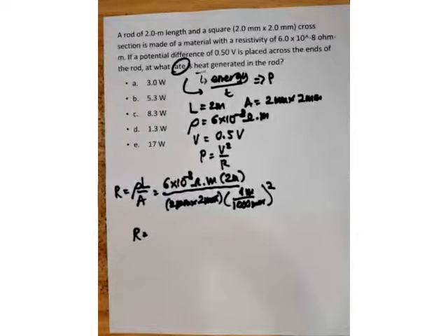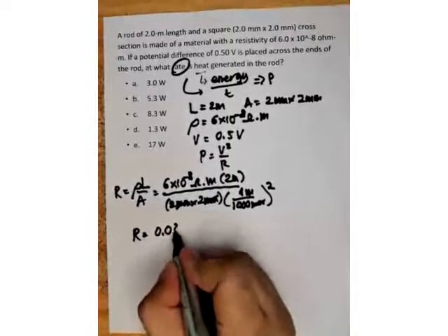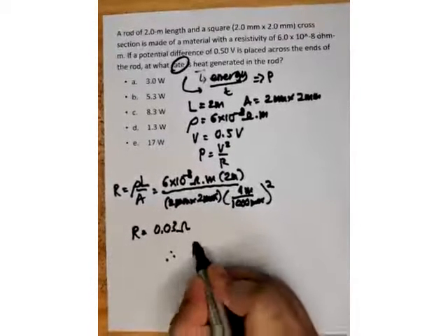Therefore, power is equal to 0.5 squared over 0.03.